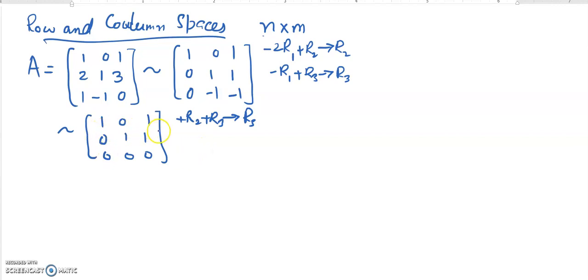The first row is a non-zero row, meaning a row in which at least one element is non-zero. In this case 1 and 1 are non-zero elements. Similarly, the second row is a non-zero row, but the third row is a zero row.